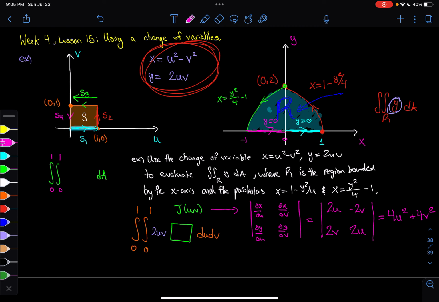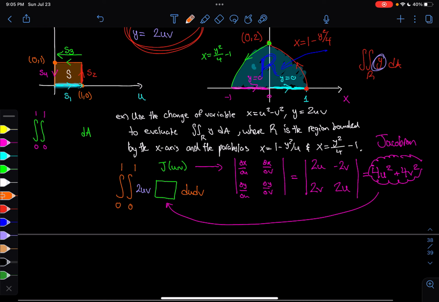And, well, what do we do with this? Well, that is our Jacobian, right? This right here is our Jacobian. And it may not look very nice, but that is going to go right inside there.